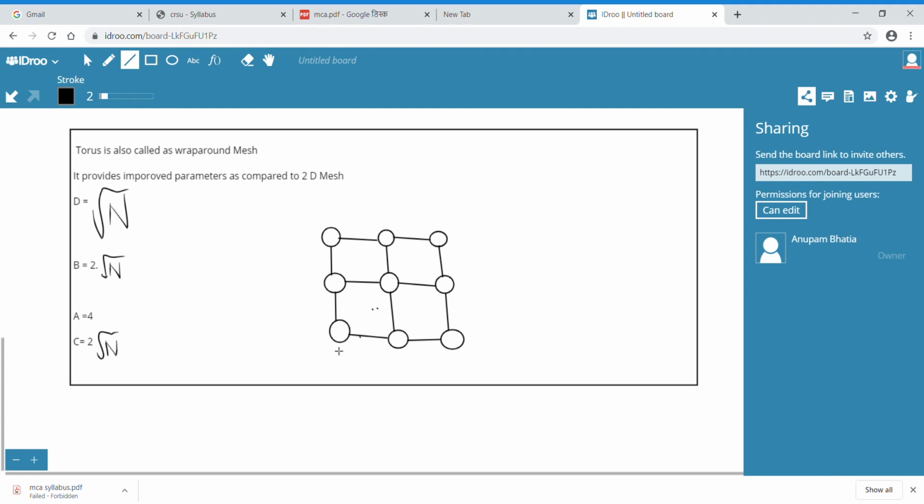Here it is the normal 2D mesh. Now we shall convert that into the torus. We shall connect the extreme components of rows as well as the columns.